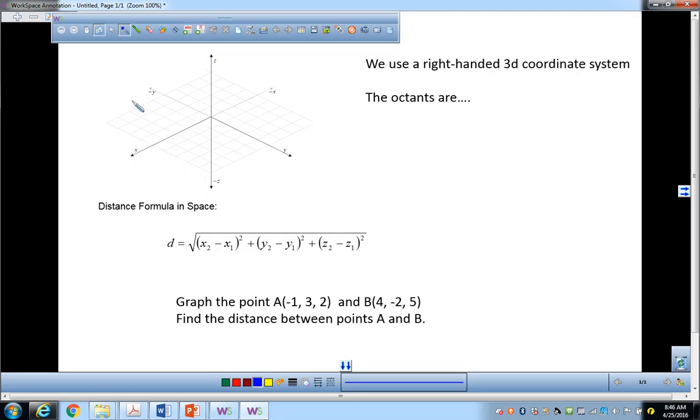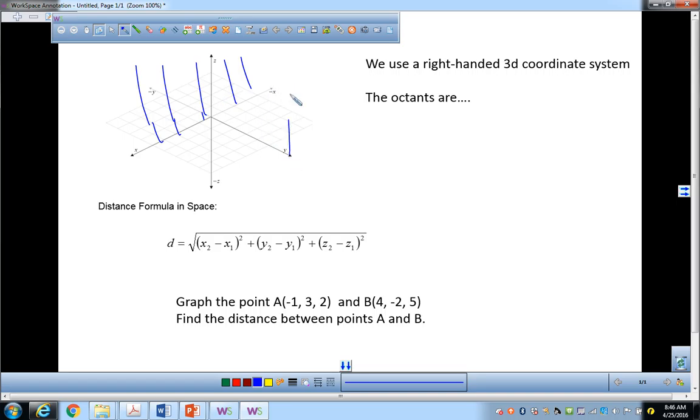When we're talking about planes, okay, this plane, can you kind of see that, the one going straight up from the x-axis? This one would be called the xz plane because it's got a component going this way and a component going this way.